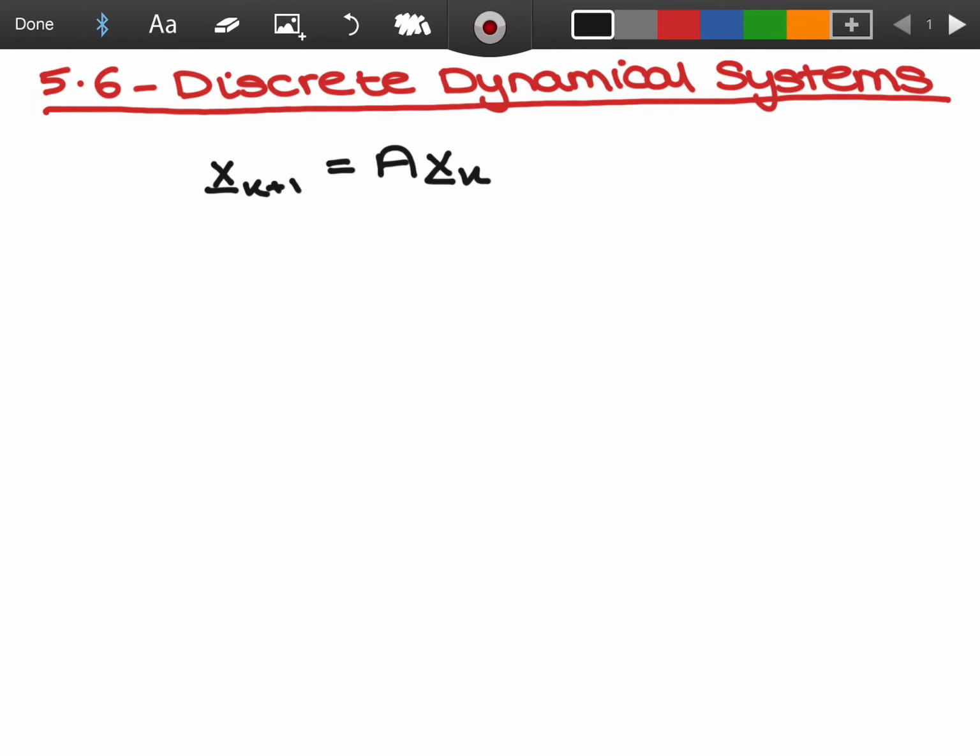Okay. So you start out at some initial vector x0. Okay. And what you're going to do with x0 is multiply it by A, and that will give you x1. So x1 is just A multiplied by that initial vector x0. It's the initial state of the thing that you are looking at. When we did it, it was the initial populations of certain ages of owls.